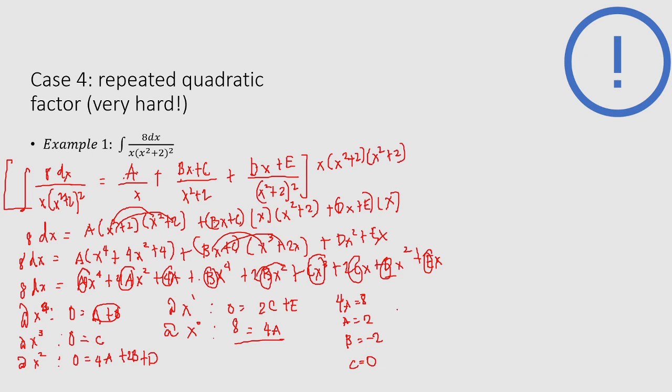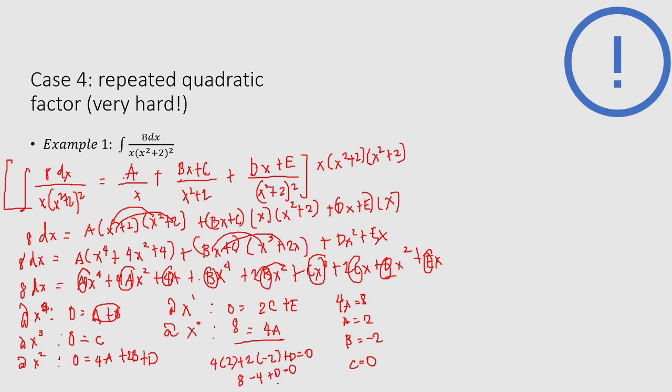For D, we can get it here. So 0 equals 4 times 2 plus 2 times negative 2 plus D equals 0. So 8 minus 4 plus D equals 0.